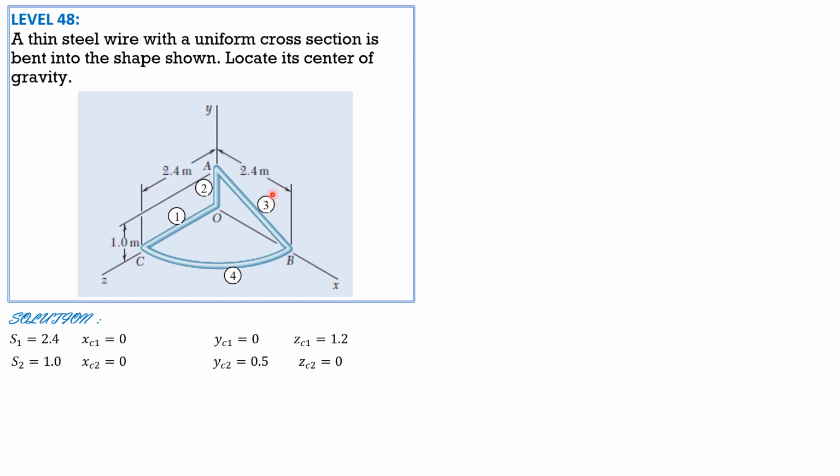Then S3 is square root of 2.4 square plus 1 square. This is 1. So square root of 2.4 square plus 1 square is 2.6 meters.